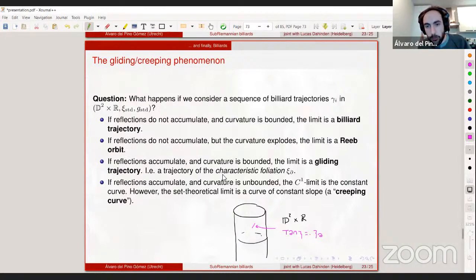Let's define it here. And what we see, of course, is that we saw that the contact structure turns from the origin to a slope 1 in this case, because the disk has radius 1. So that means that this foliation is just the foliation by lines of slope 1. So this is a slope 1.